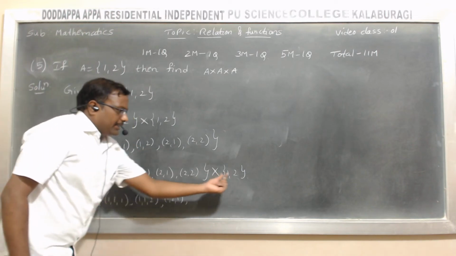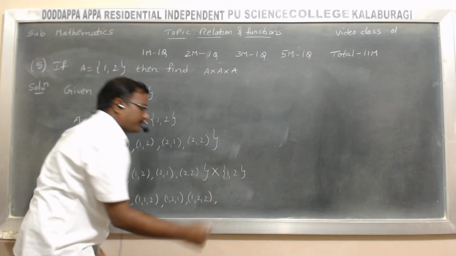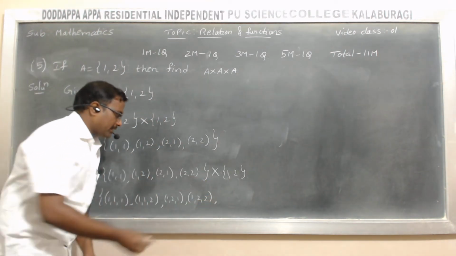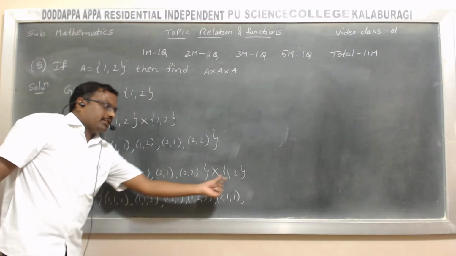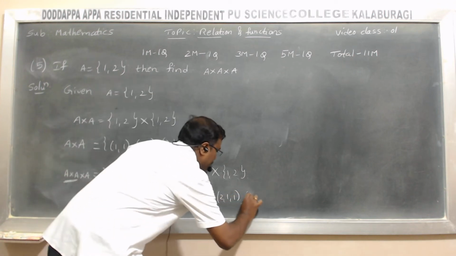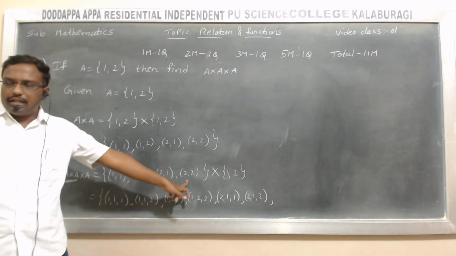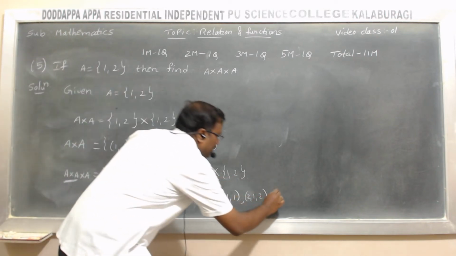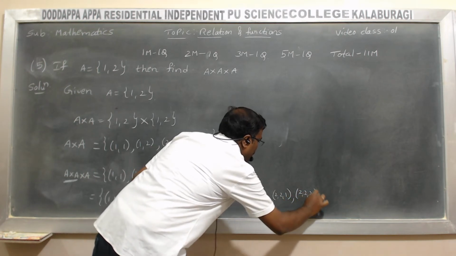Second element is related to second element, that is (1, 2, 2). Next, third element is related to first element, that is (2, 1, 1). Third element is related to second element, that is (2, 1, 2). Another one is the last element (2, 2). Here (1, 2) is there, we get (2, 2, 1), another one (2, 2, 2).